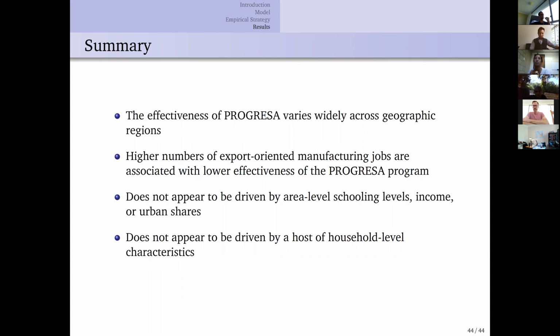And it doesn't appear to be driven by area level schooling levels, area level income, or urban shares. And it also doesn't appear to be driven by a host of other household level characteristics, which supports our main interpretation of this, that has to do with the changes in the opportunity cost that come along with these export jobs. That's all I have for now.